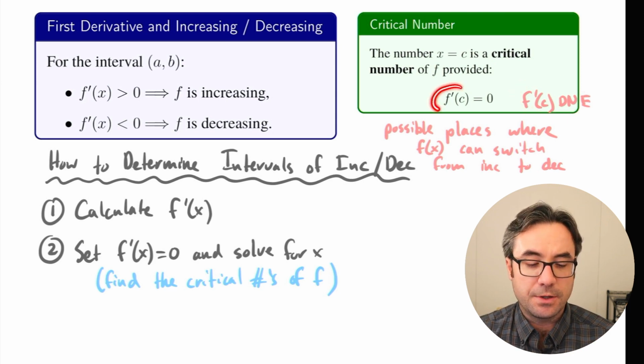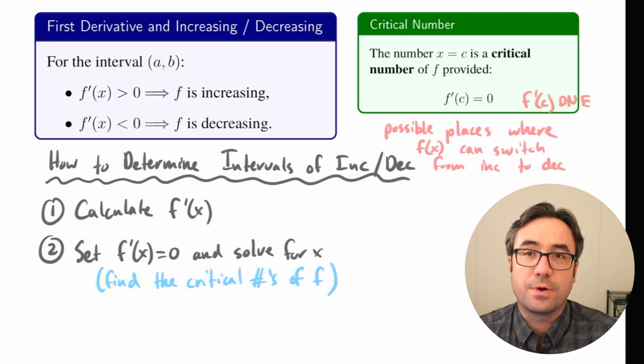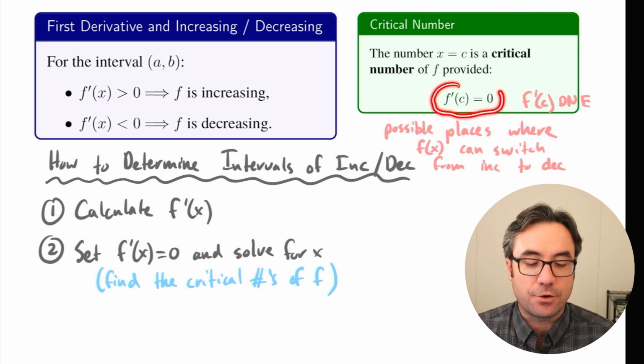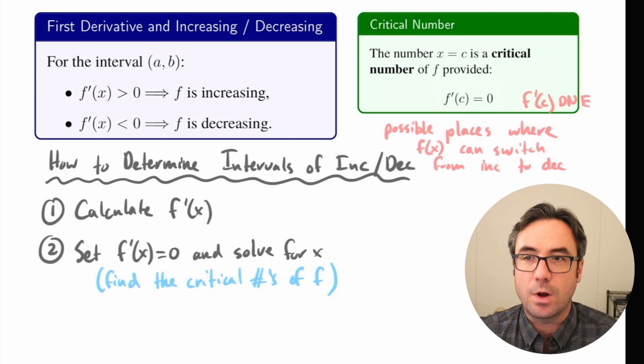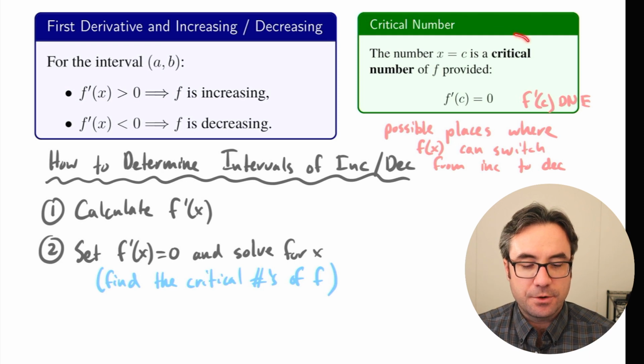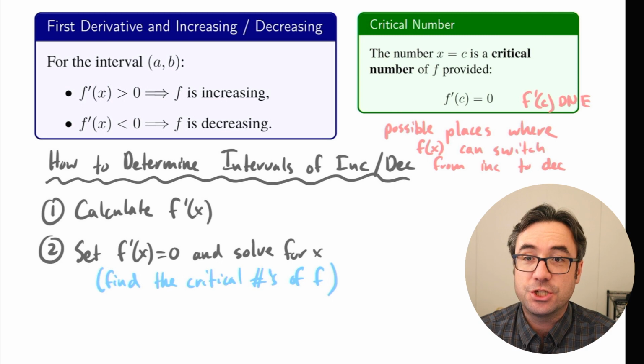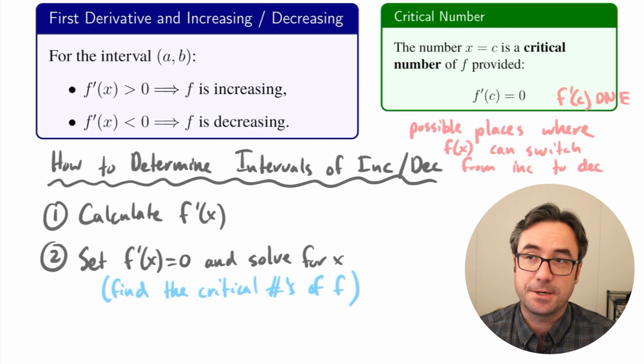We're primarily going to be looking at where our derivative is 0. But technically there are two ways we could have a critical number: if our derivative is equal to 0, or if our derivative is undefined. But we're primarily going to be looking at the first. So the critical numbers are the possible places where our function can switch back and forth between increasing and decreasing.